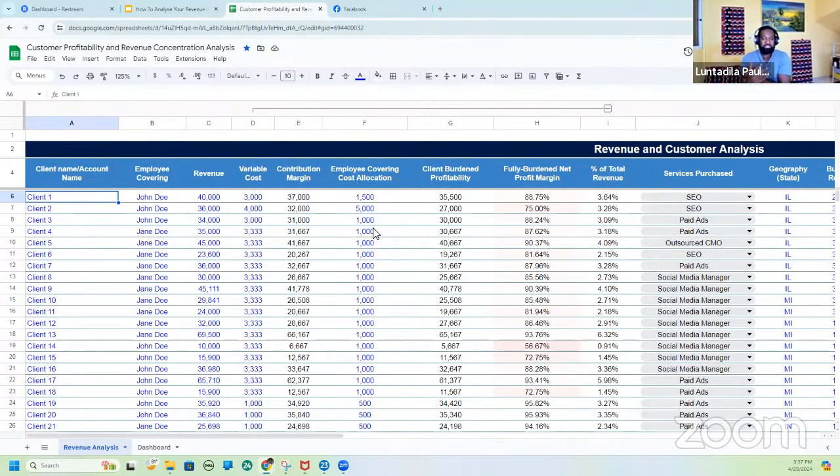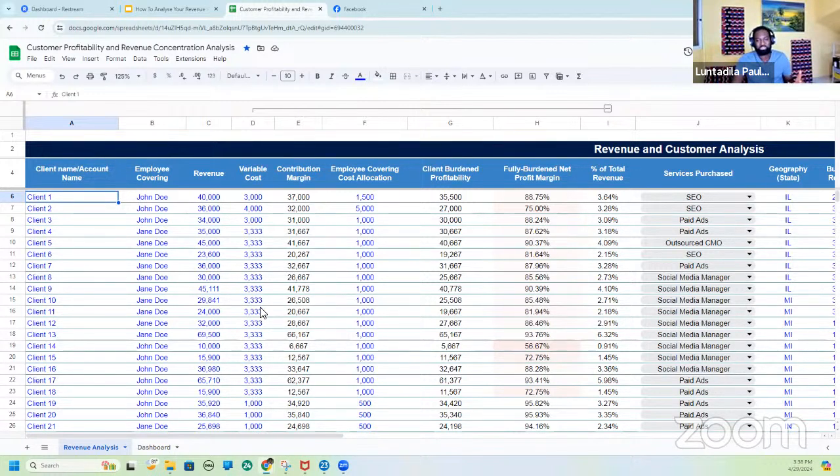Some clients, their value may not be monetary, right? They may not be bringing a lot of income to your firm. I have these kind of clients, but they are great at generating referrals to our firm. So their value is not only based on how much they bring to the firm, but how much additional income they help us generate. Okay.